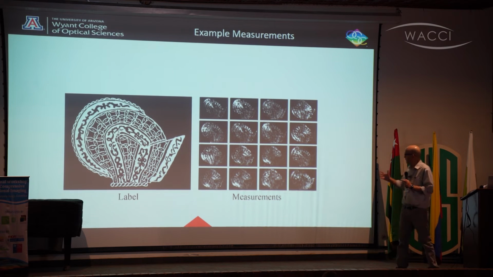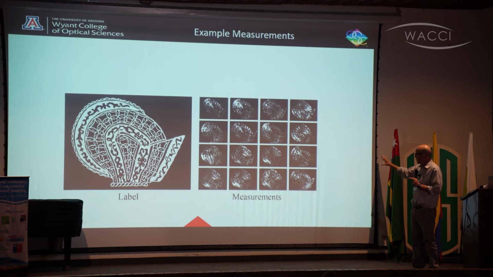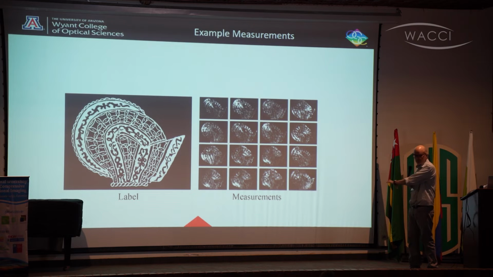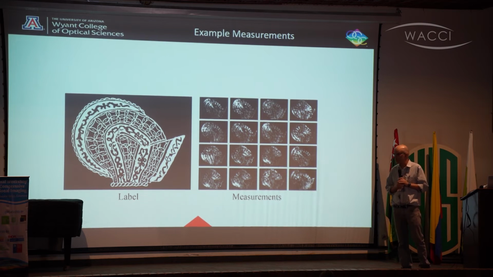The reason they don't look the same is because local points in the image, as you move the camera, will interfere with each other and create different patterns. And so you see this kind of variation in the scale of the structure of the image from different points or different cameras. And so then we say, oh my gosh, how are we going to take these 16 images and turn them into a nice, well-formed, reconstructed image?